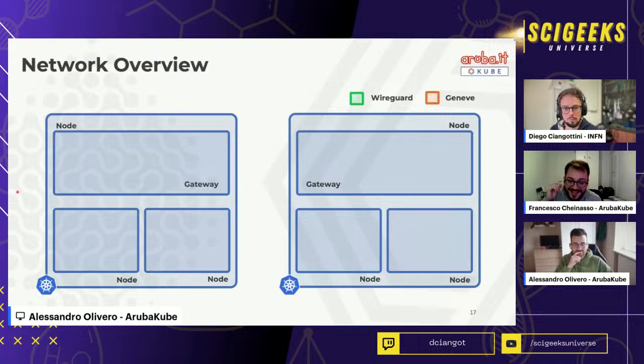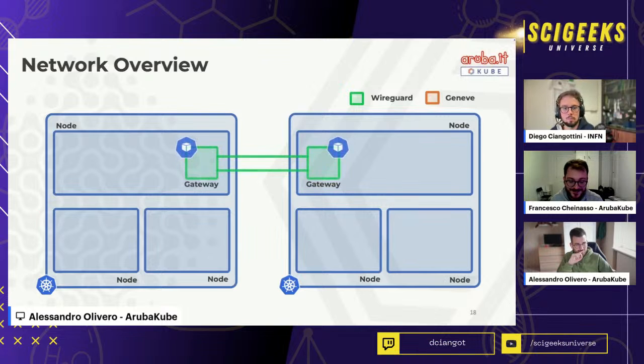Okay, in this slide we see 2 vanilla clusters, and we start talking about what we call the external network. We create 2 pods with a tunneling technology implementation.